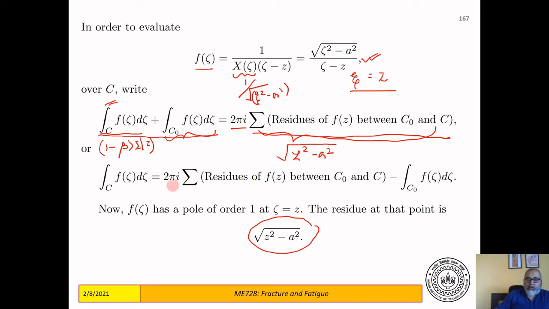So 2 pi i times root of z square minus a square minus this contour integral over that large circle will give me 1 minus beta times I. Okay, so this residue we know, and this is what we need to find now.